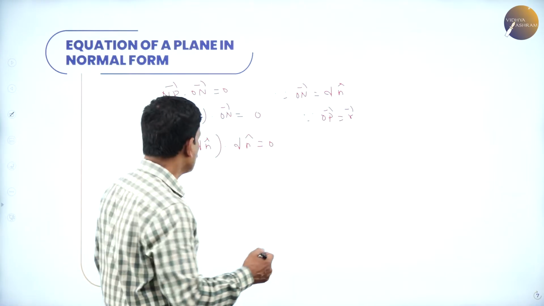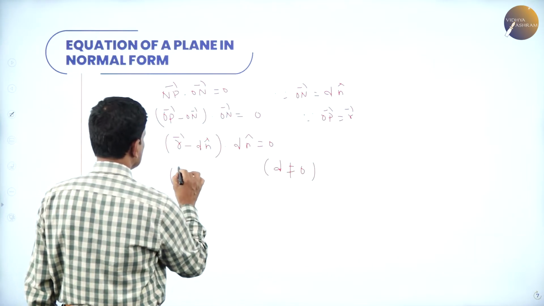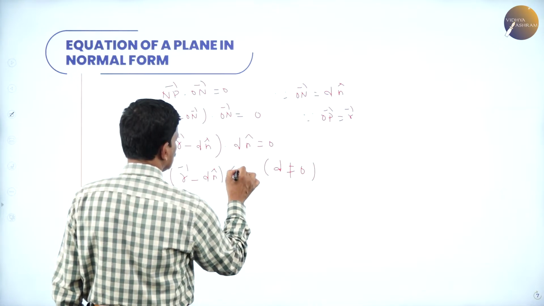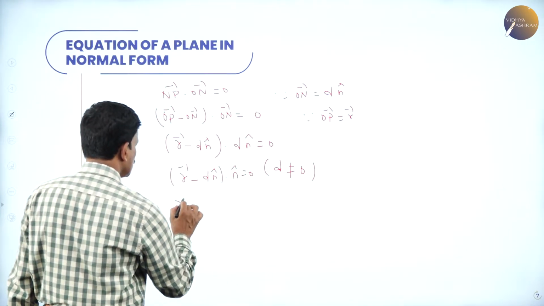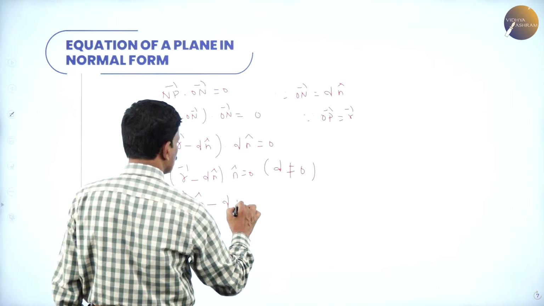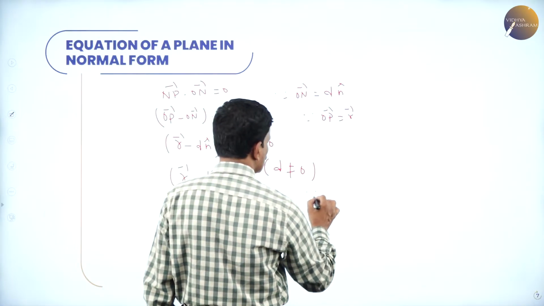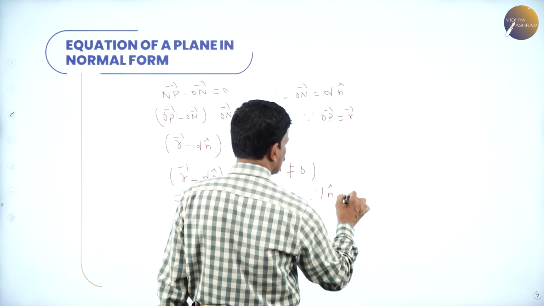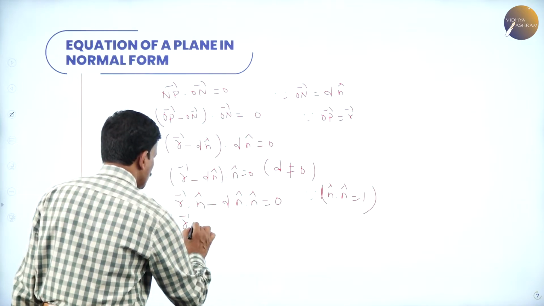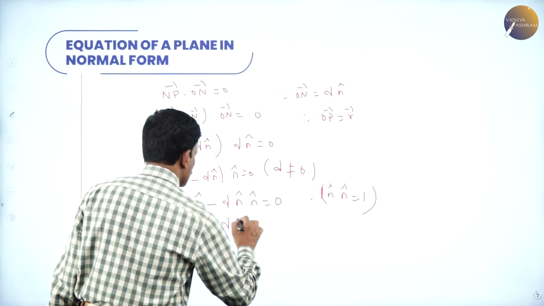For d not equal to 0, this can be written as (vector r minus d n cap) dot n cap is equal to 0. This can also be written as r dot n cap minus d n cap dot n cap is equal to 0. Since n cap dot n cap is equal to 1, this is r dot n cap minus d into 1 is equal to 0.